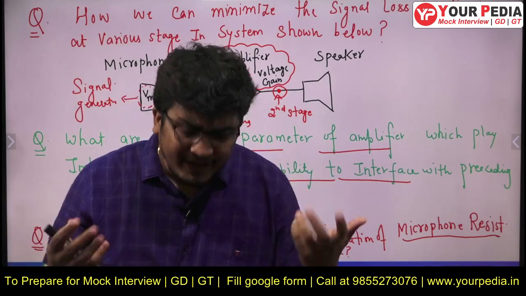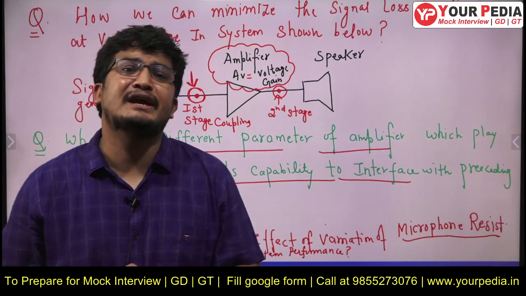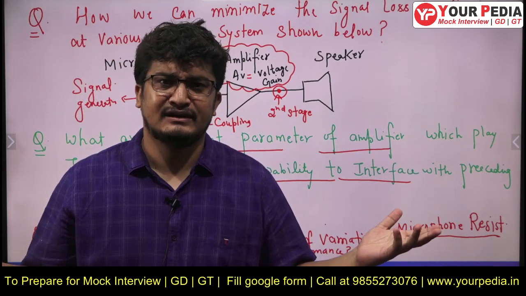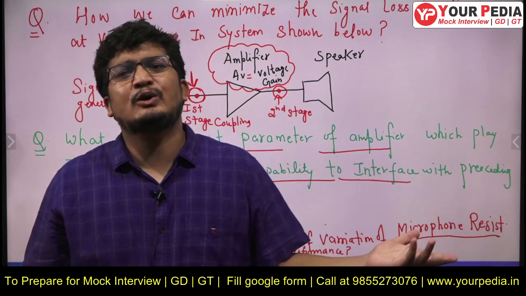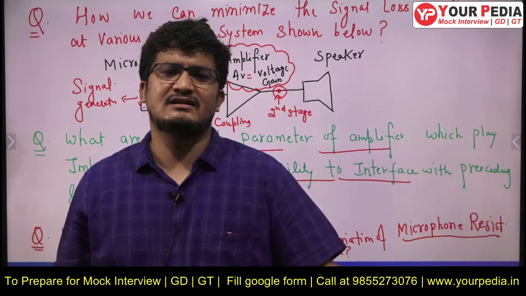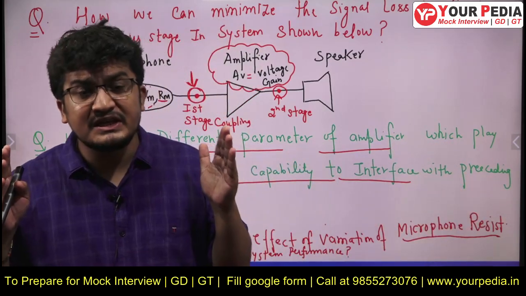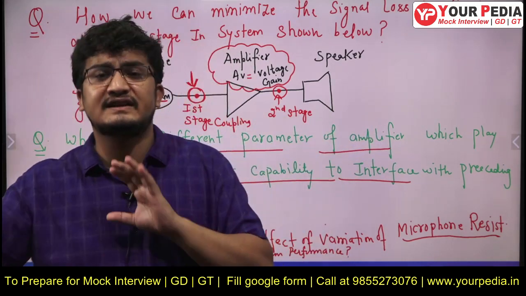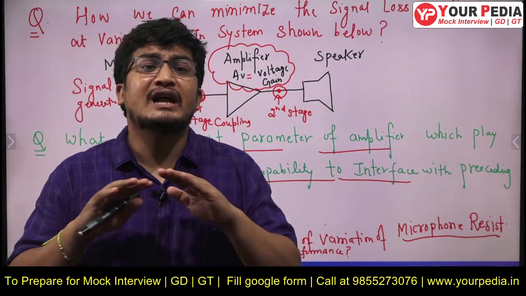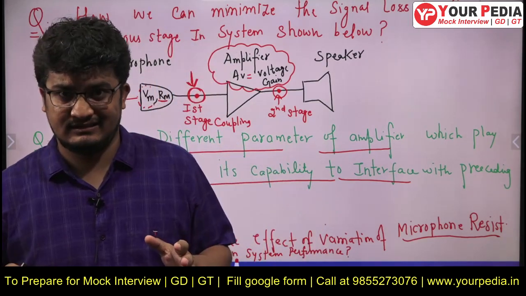Fine. Now when it comes to amplifiers, you might have studied that an amplifier can be designed with various types of transistors, BJT, MOSFET and so on. It can be simple or any complex structure. It can use one transistor, it can use 20 devices. So right now, when you are using an amplifier in a system with other preceding and succeeding stages, you are least worried about its internal complexity.